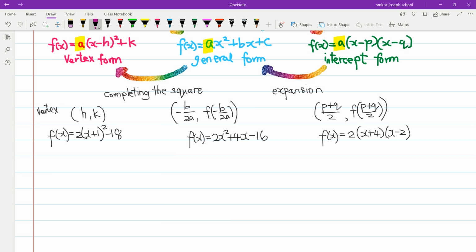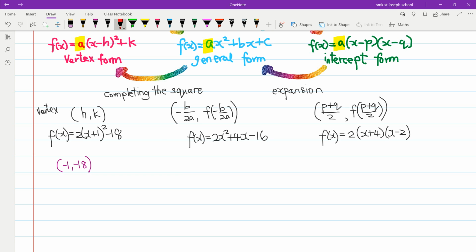So vertex form is rather straightforward. It's negative 1, negative 18. x plus 1 equals 0, x equals negative 1. And let's continue.